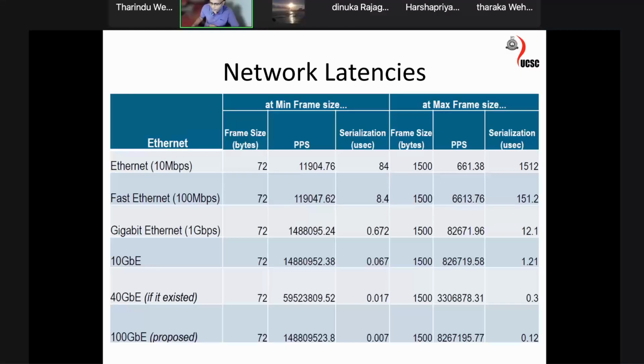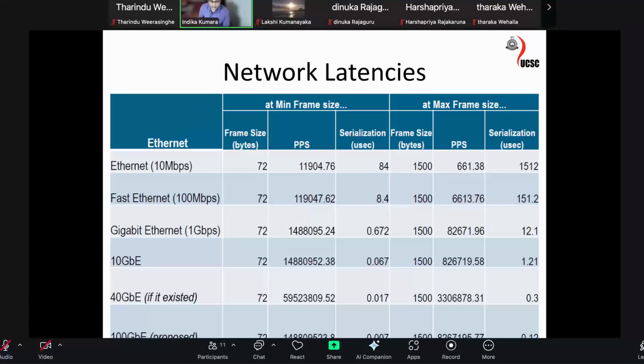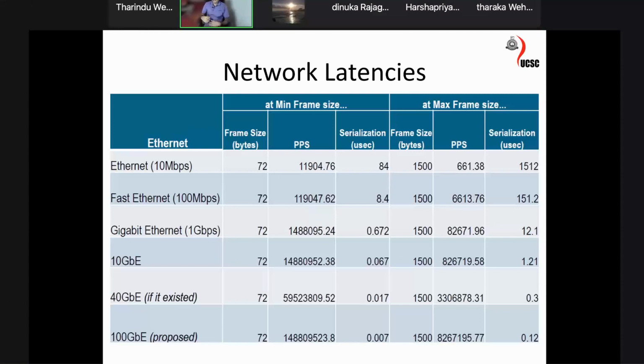And if you go for 10 gigabit, it's less than 100 microseconds, 100 milliseconds. So likewise, you can see the reduction of serialization delay impacted by the bandwidth increase due to the parallelization.